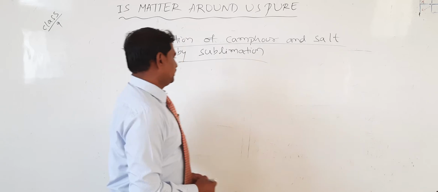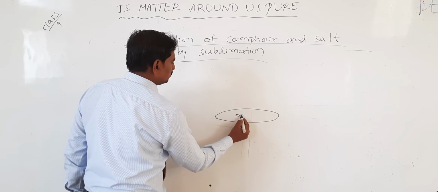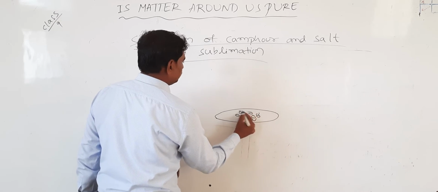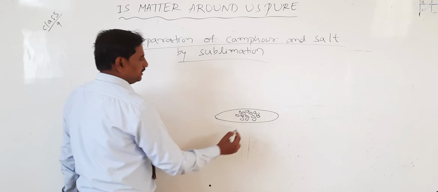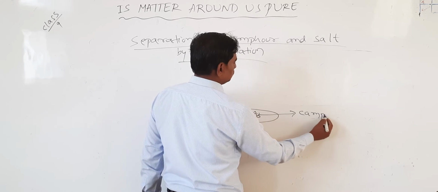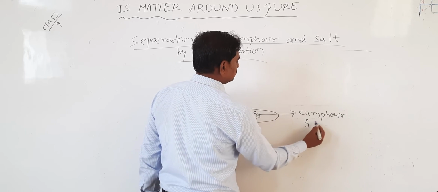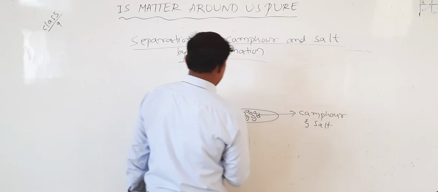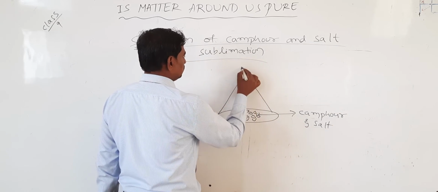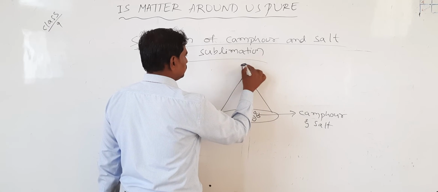So here, take one large watch glass and put the mixture of camphor and salt. Take one inverted funnel, and cover it with a cotton plug.